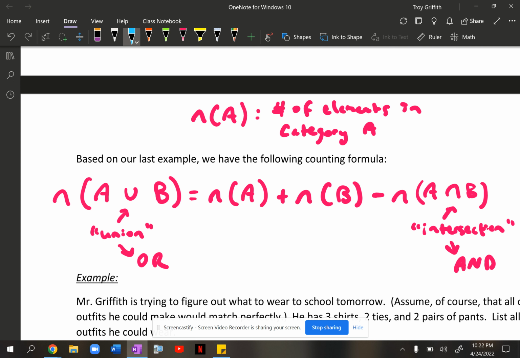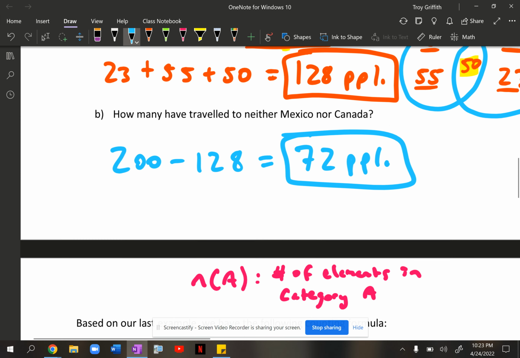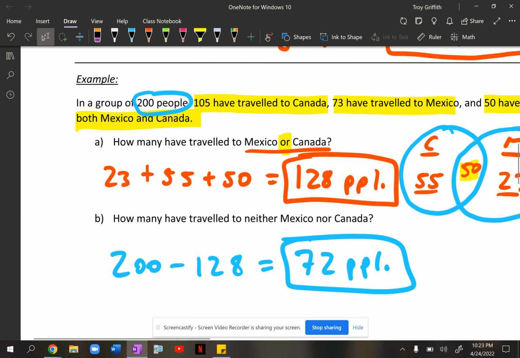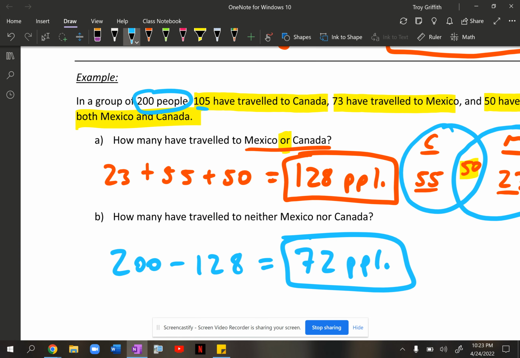So if you apply this to our last example, okay, if you think about A as being the number of people that have been to Canada and B as the number of people that have been to Mexico, let's see if this counting principle applies. So the number of people that have been to Canada or Mexico, if we start out with the number of people that have been to Canada, the problem told us that there were 105 people.